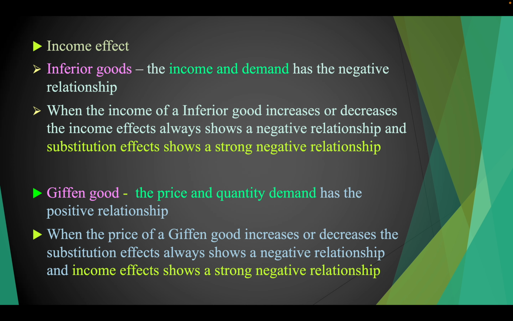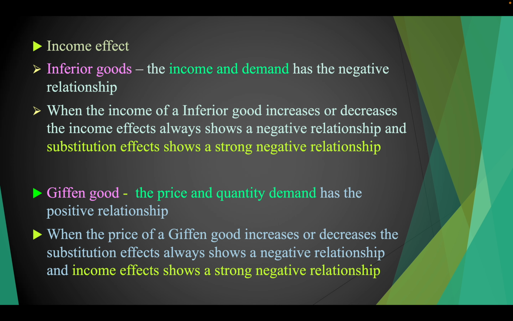So they purchase this Giffen good. They are more concerned about the income effect, so it has a greater income effect than substitution effect. That is the Giffen good. Like that, an inferior good has a negative relationship between income and demand. Here it has a greater substitution effect.